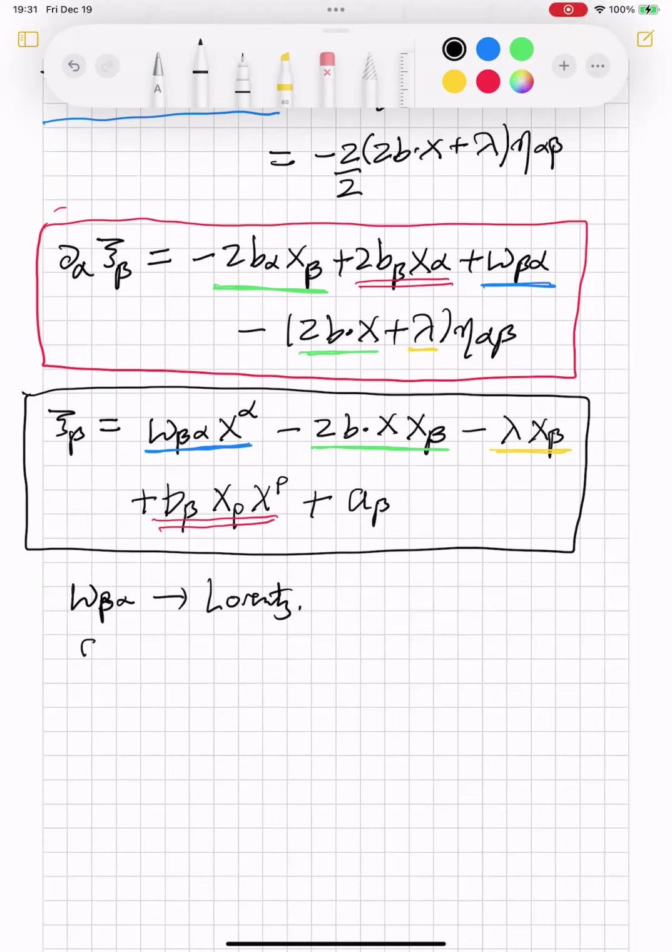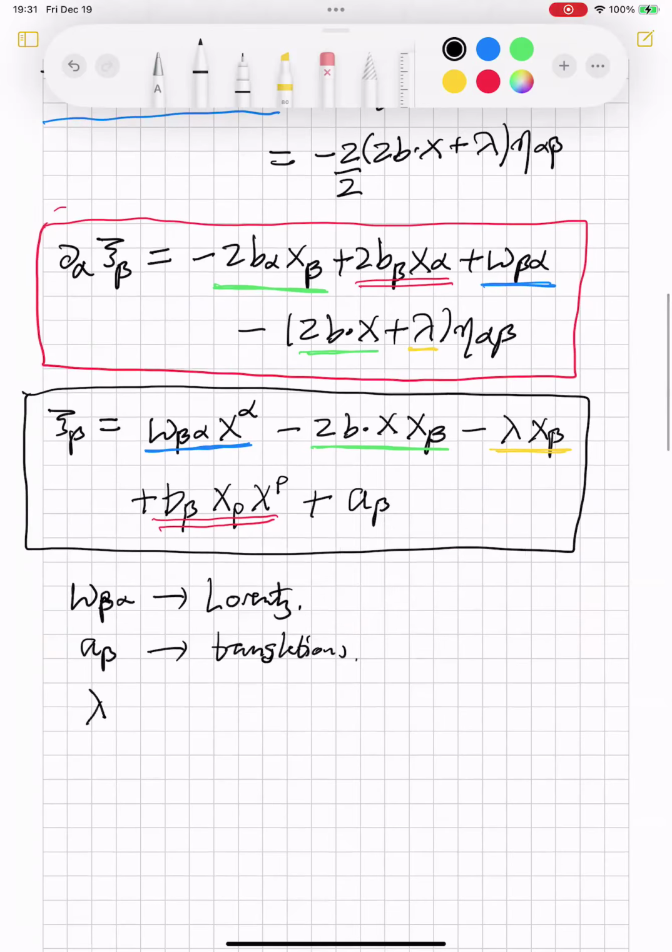We've also got a beta. This corresponds to a translation. Again, translations preserve the metric. So they correspond to conformal transformations where you've rescaled the metric by 1. So those two make perfect sense. Lambda is actually a scaling of the coordinate. And you can see this.